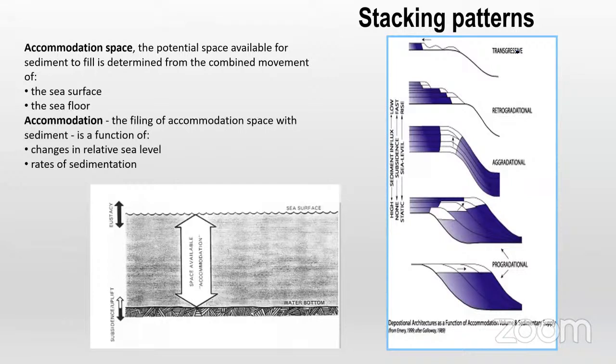I will show you with better drawings in the next slide. What is accommodation space? Because sequence stratigraphy is very dependent on accommodation space, the area between the sea surface and the bottom, the accommodation space, is very important for us, because when we have accommodation space we can have deposition of sediments.